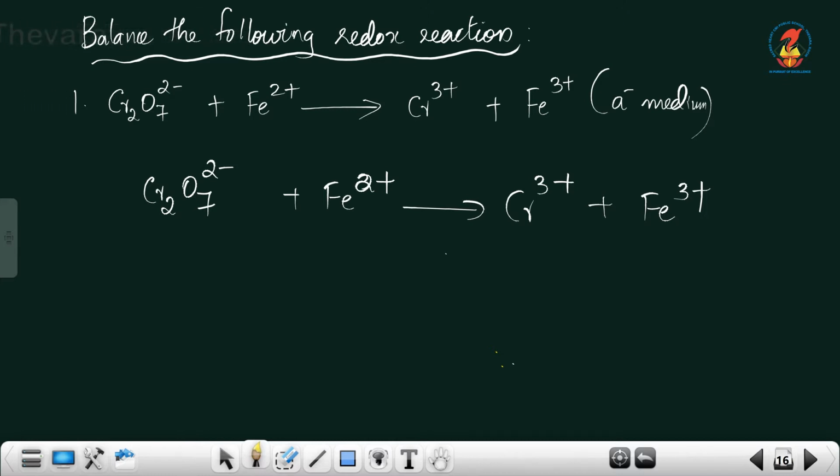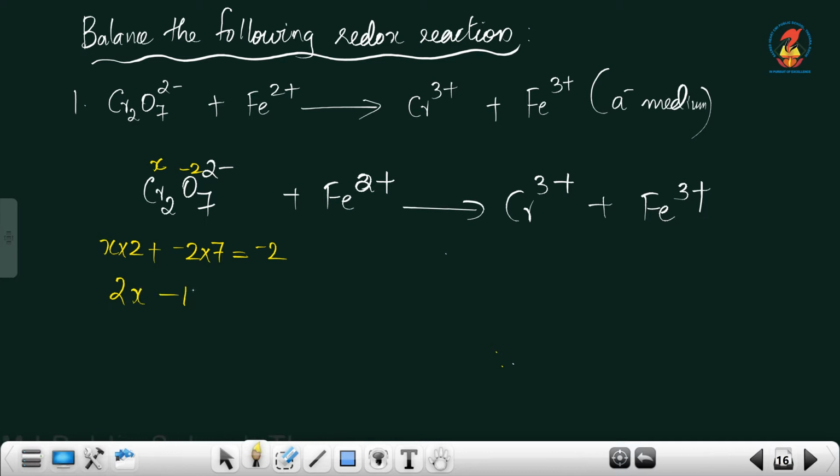In Cr2O7 2 minus, we know that this 2 minus is not actually the charge of oxygen. That is the overall charge, isn't it? Oxygen we know is minus 2. The sum should be the overall charge, minus 2. So chromium we can take as x. So x into 2 plus minus 2 into 7 must be equal to minus 2.